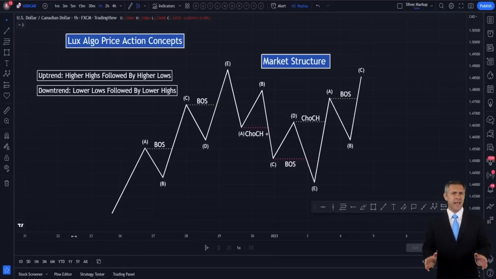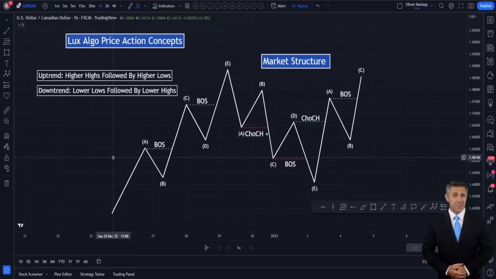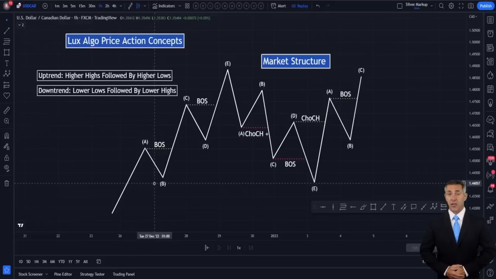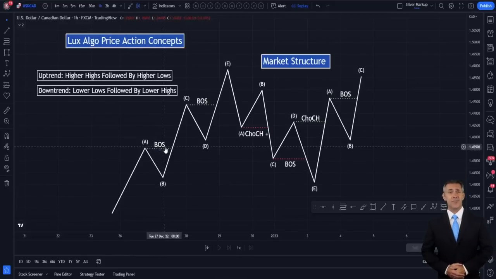But there's a couple of labels that come with the market structure aspect of it. So obviously you know now that market structure helps with the trend. You understand the points and the skeleton of the market. So what happens is, in between those higher highs or lower lows being created, you have something called a break of structure.